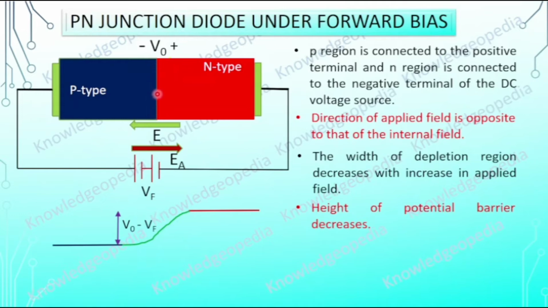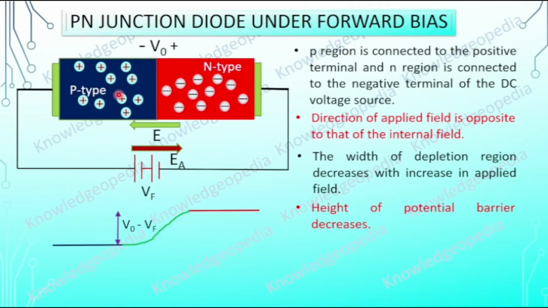Once it disappears, there will be free flow of carriers from one side to the other. The electrons can move freely to the P side because the barrier is no more there. No one is there to stop them. They can move freely from N side to P side, and the holes can move towards the N side.